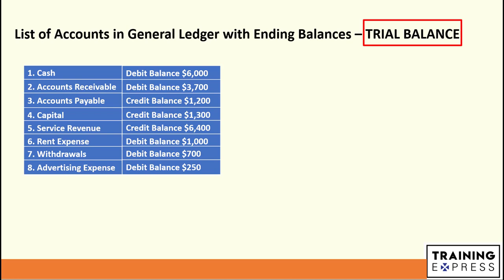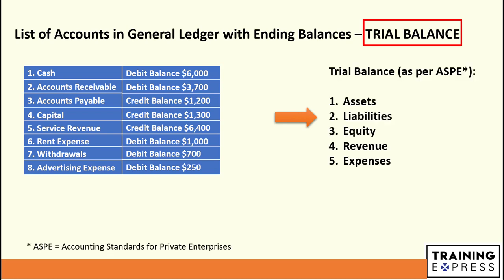Now what we will do, we will take these ending balances and we will put them in a certain sequence. This sequence is defined by ASPE, which is called Accounting Standards for Private Enterprises in Canada. We will prepare the list in a certain sequence. First of all, we will write down all assets, then liabilities, then equity, then revenue, and then expense accounts.